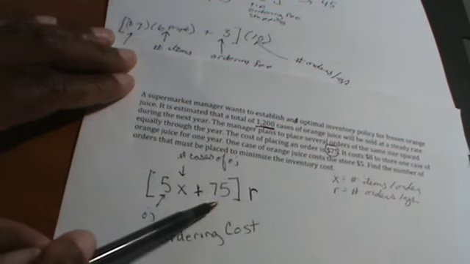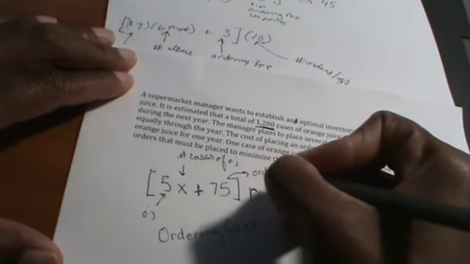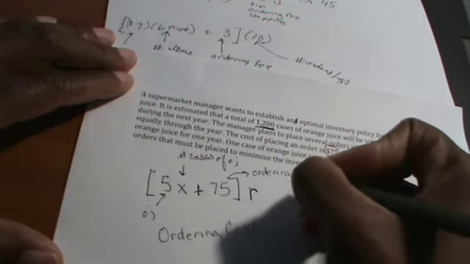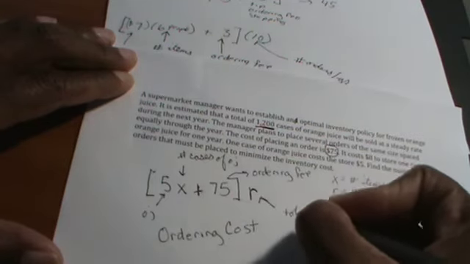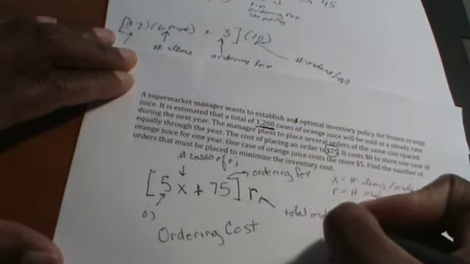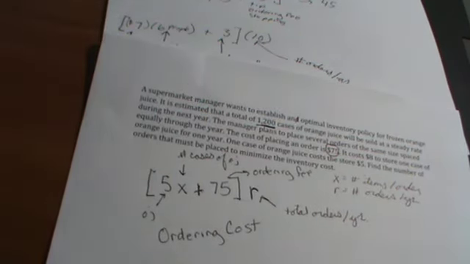We have to give them a certain amount. Okay, so this is your ordering fee. And then this is the total orders per year. All right, so I'm going to stop there. That is just one piece of the inventory cost.